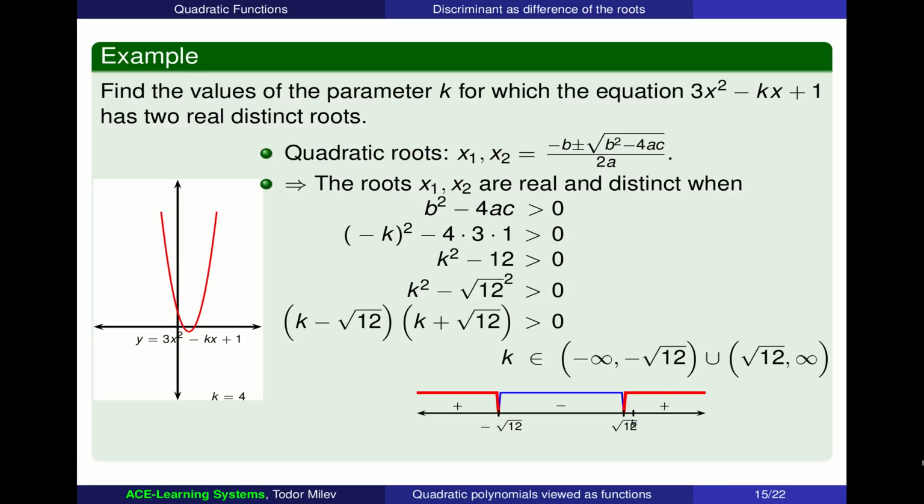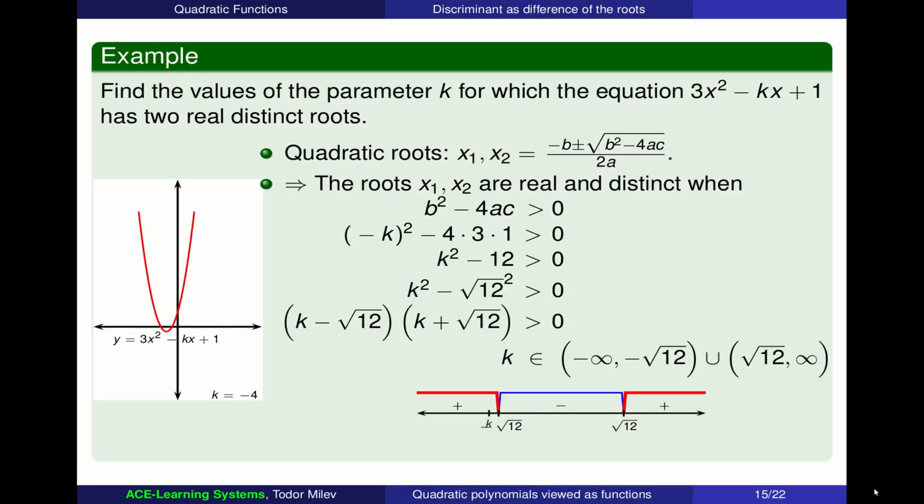upwards. What happens when k is somewhere between negative radical of 12 and radical of 12? If I select k equal to 2, the graph of my parabola is strictly above the x-axis. And now I can continue pushing k. Now, if k is a little bit bigger than negative radical of 12, the tip of the parabola is already close to the x-axis.